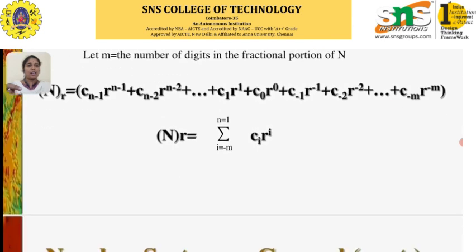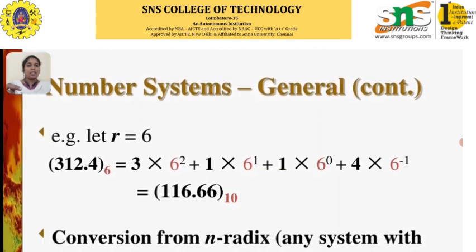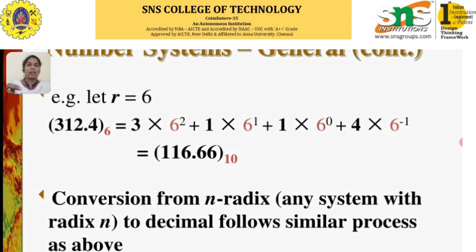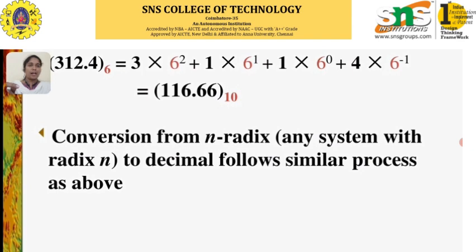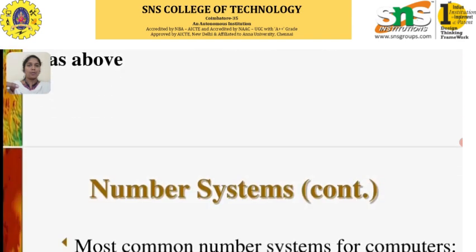It is given here as the formula. This is another example: we take R equal to 6, and the radix value 6 works as given here. The conversion from radix n to decimal follows a similar process as above.